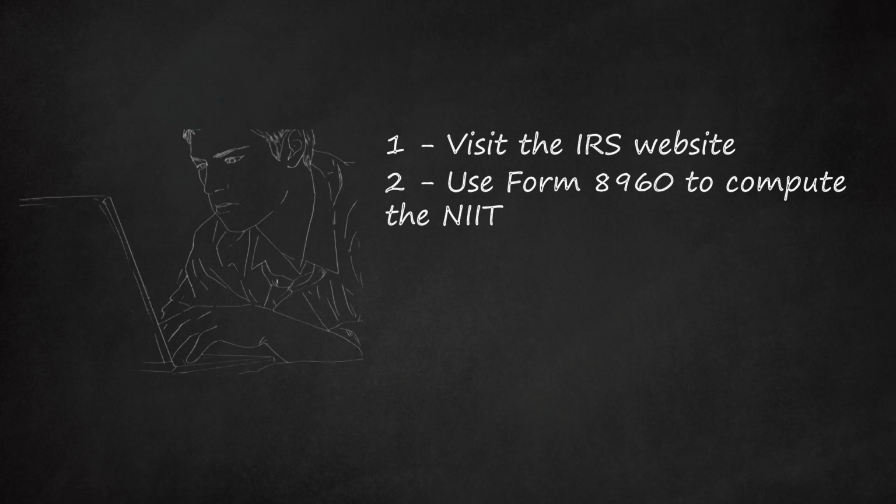Whether you are an individual, trust, or estate, you will start the computation by determining your investment income and allowable deductions. Your investment income will be input in various places on lines 1 through 7 of Form 8960. The investment income total will be input on line 8 of Form 8960.